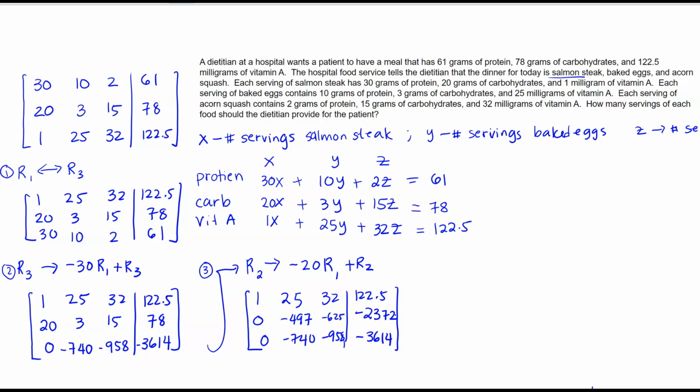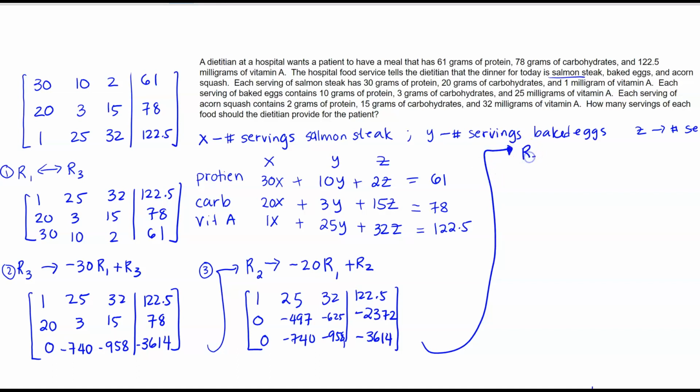All right, then our next goal is to obtain 1 for the second row, second column. How do we obtain that? We can make this equal to 1 by replacing R2. Let's just do it here because I don't have much space.